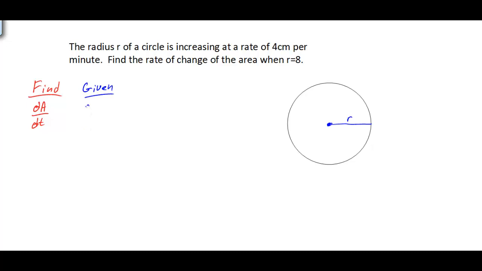So that tells us that we would have dr/dt equal to 4 centimeters per minute. So that's how fast the radius is changing. And it tells us that this change is when r is equal to 8. So we know the radius is equal to 8.